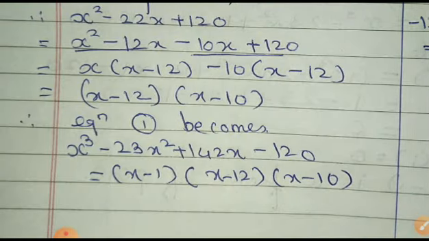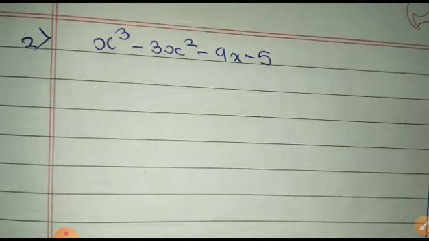Okay, so what we have done: first we have found one factor, then we have divided the given polynomial by that factor, then we have written accordingly dividend is equal to divisor into quotient plus remainder. The remainder won't be there since it is perfectly divisible.